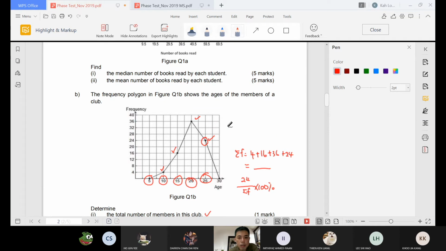The question never says show the sample age. The question never specifically tells you the number, so we treat this as a population. They never say show the sample age of the member of a club. They never have this statement. So we treat this as a population.